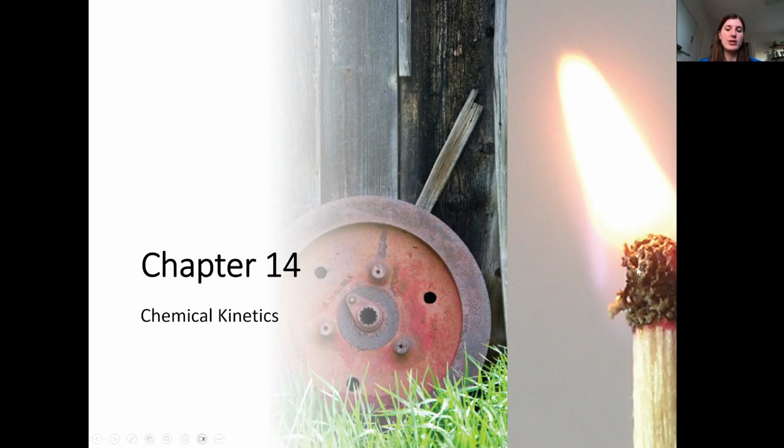We're seeing the matchstick burn. Lighting that match and burning in that chemical reaction, that's a really fast reaction. It has a fast reaction rate. Something forming rust takes time. So this is a slower reaction. So two chemical reactions shown here. One has a much lower rate than the other. And so we'll describe these different types of reaction rates.